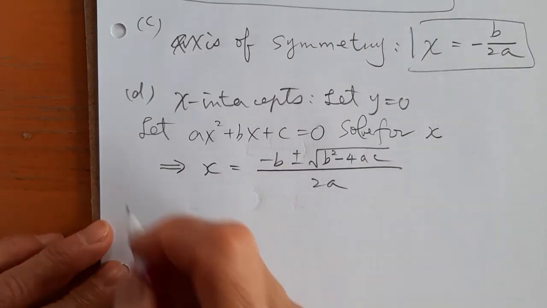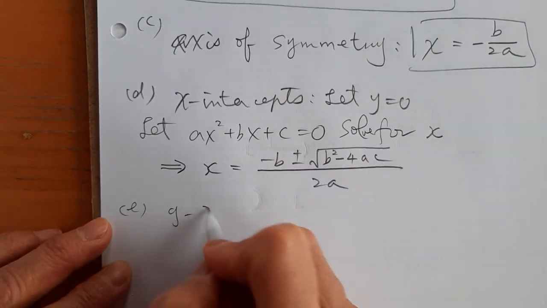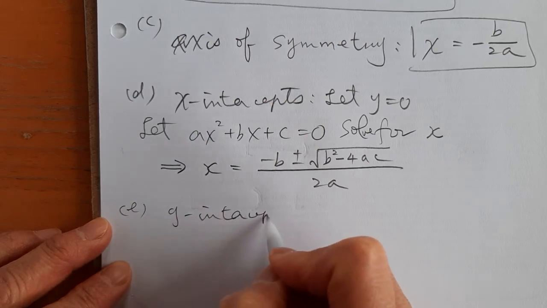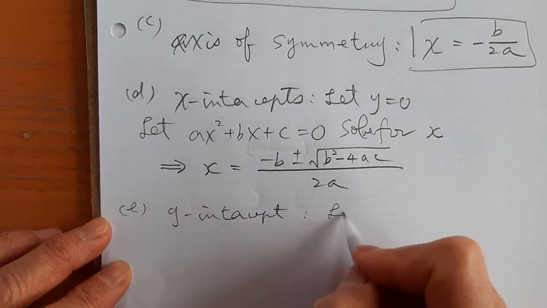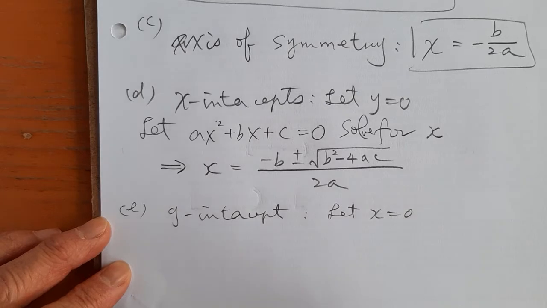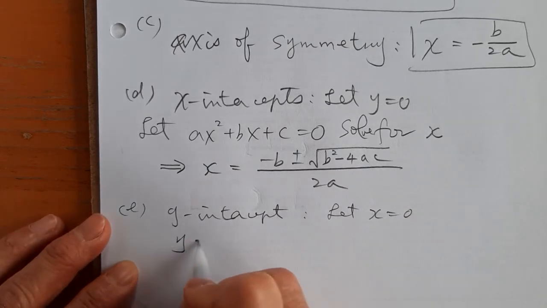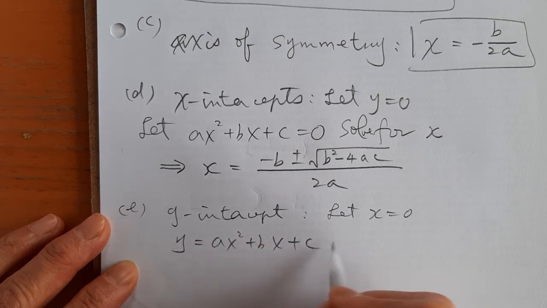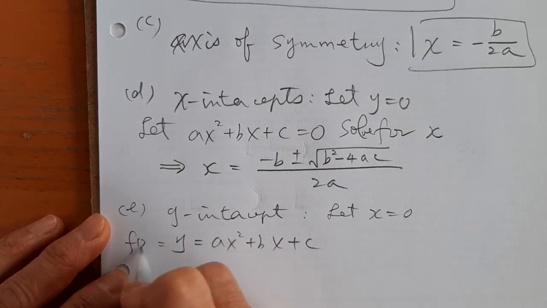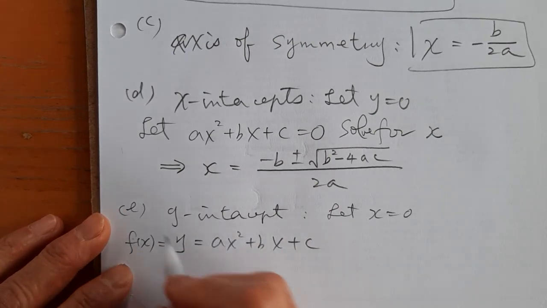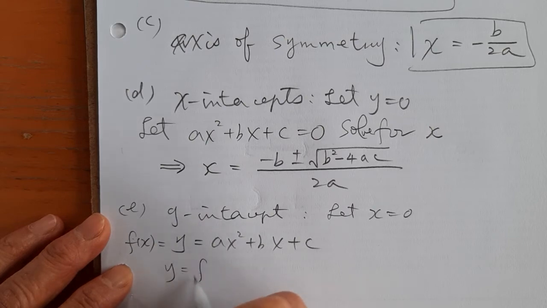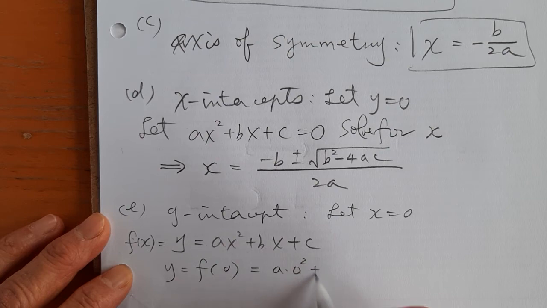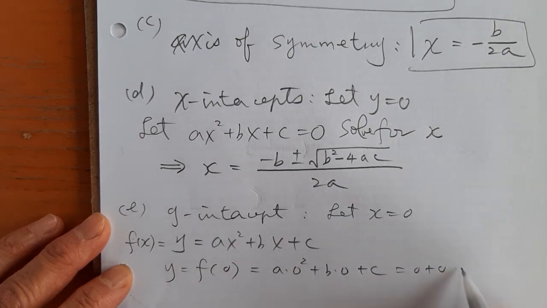And y-intercept. For the y-intercept, let x equal 0. So y equals ax squared plus bx plus c for this f of x. Plug in 0 for x: y equals f of 0, so a times 0 squared plus b times 0 plus c. You get 0 plus 0 plus c.